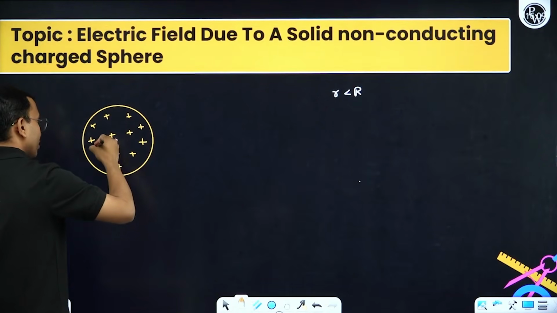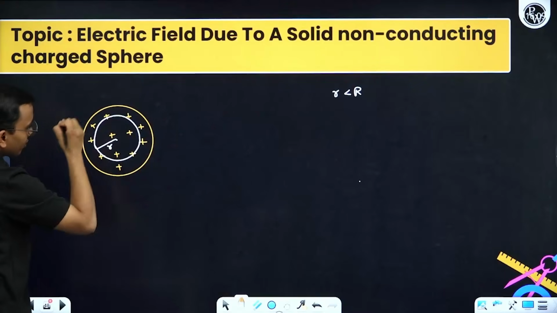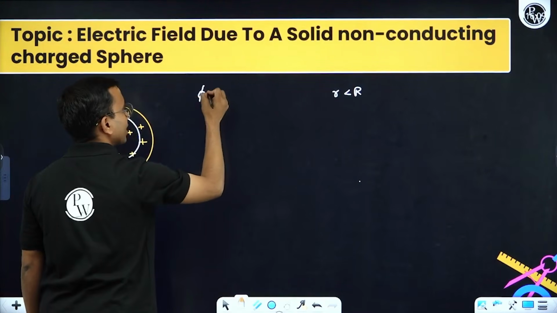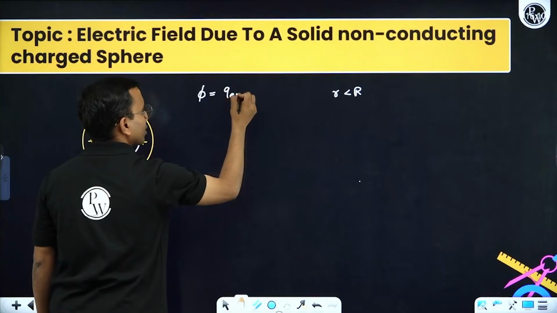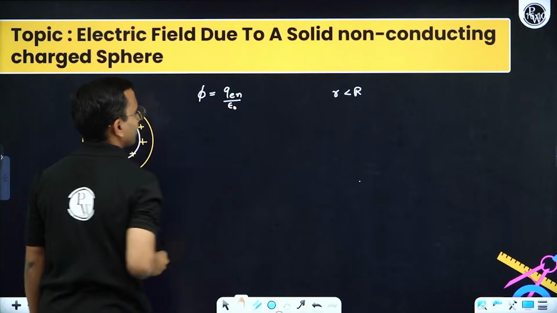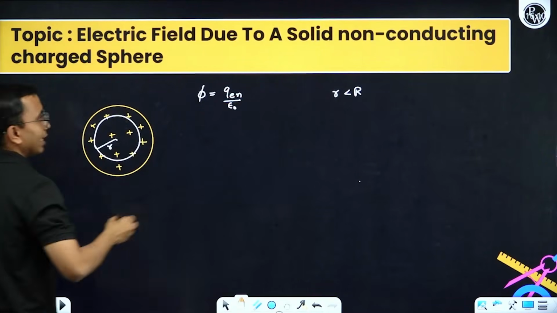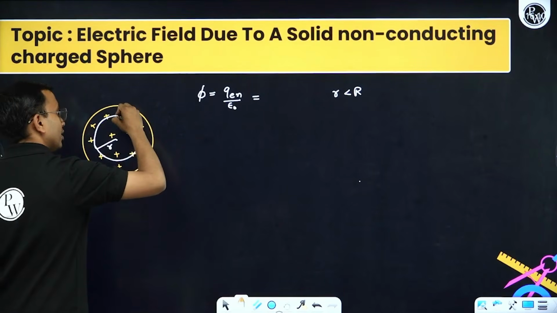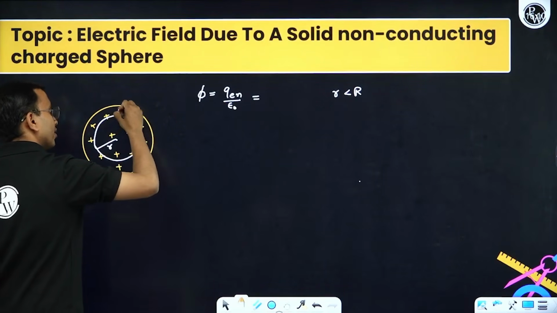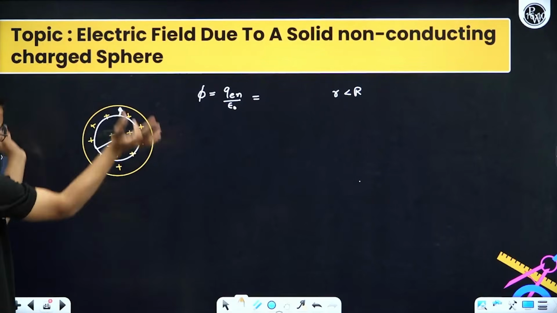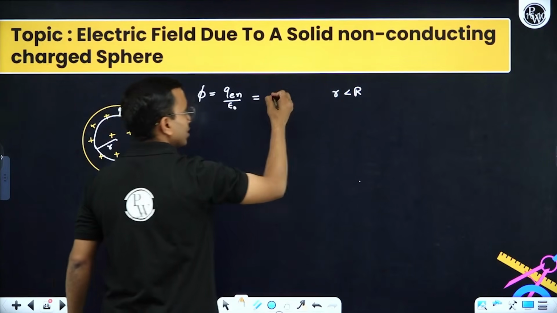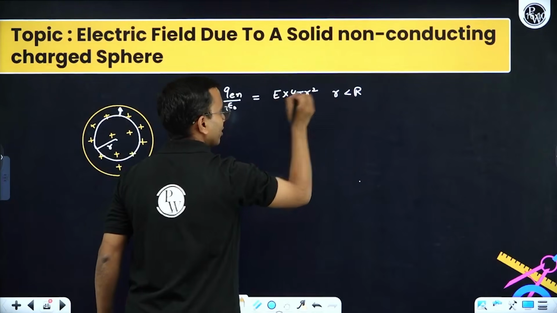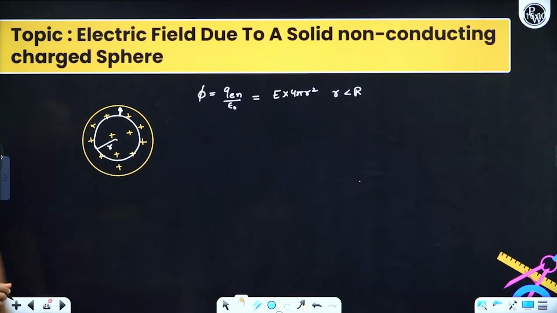You will say we will draw this as the Gaussian surface. For this Gaussian surface we will write the flux as Q enclosed by epsilon naught. At any point, by the symmetry, the electric field is like this, the area vector is also in the same direction, and the electric field is the same everywhere, so it will become just E into A. The point is how to write Q enclosed.